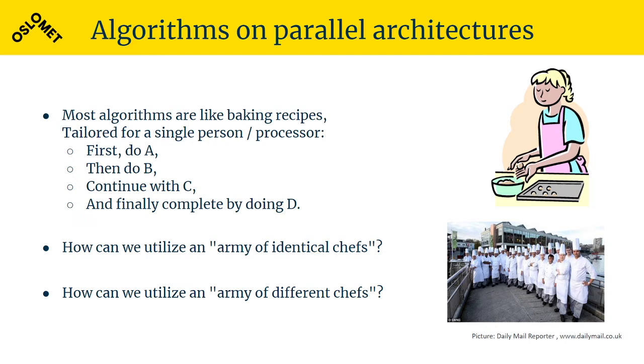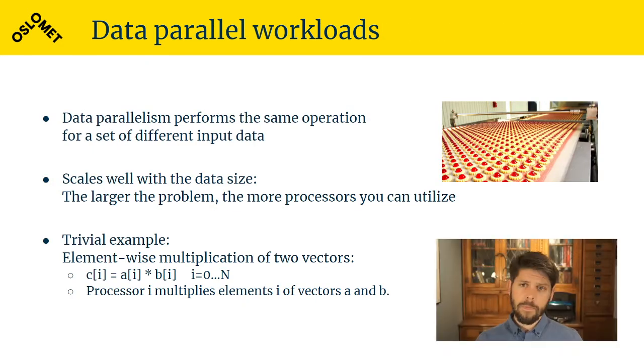These are the kinds of questions we should have in the back of our minds. The army of identical chefs corresponds to the multi-core setting, the symmetric multiprocessing, and the army of different chefs is the heterogeneous computing setting. That's the types of architectures, more or less.